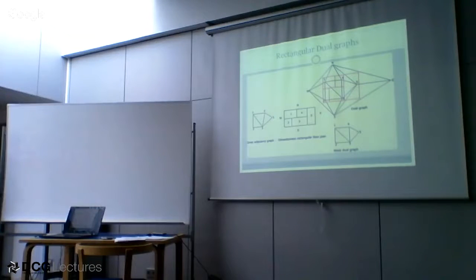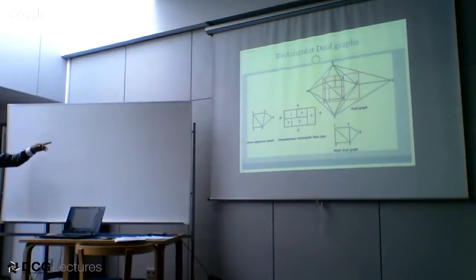If yes, then there exists some algorithm to construct the rectangular floor plan, but there doesn't exist other work which talks about orthogonal floor plans or other shaped floor plans. That's why we call it rectangular dual or rectangular dual graphs.